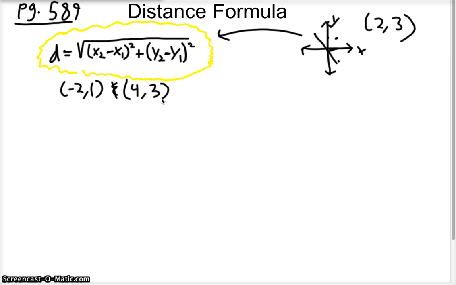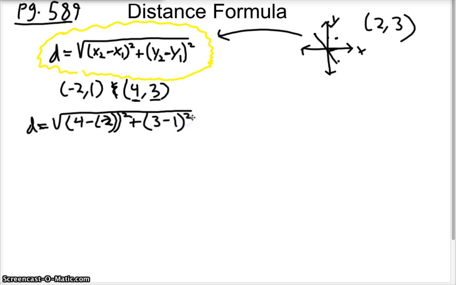Okay, so I'm going to plug our information into our formula. We're trying to find the distance, so trying to find d. So square root of the second x, that would be this one, 4 minus -2, squared, plus our second y, 3 minus 1, pretty simple, squared.